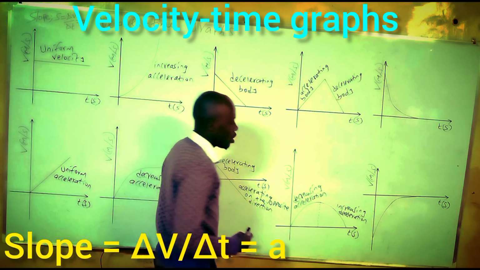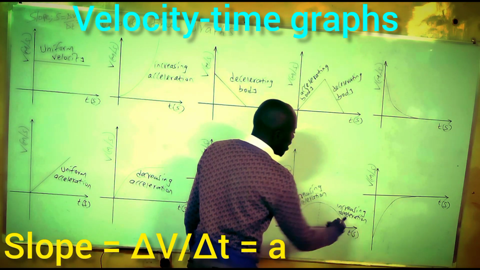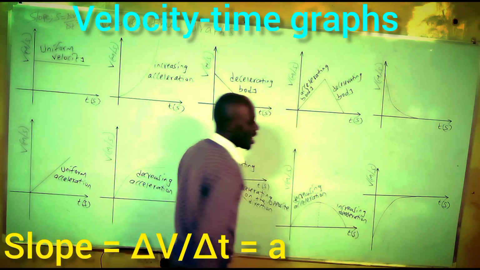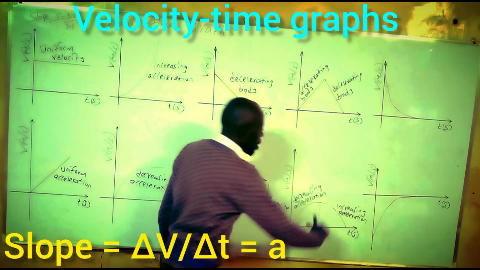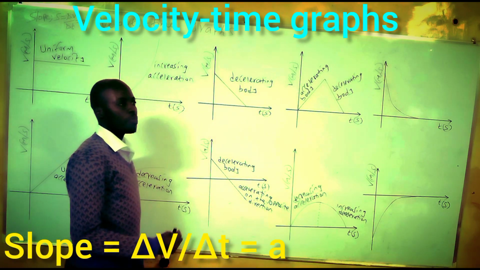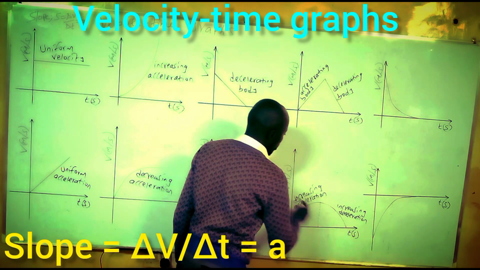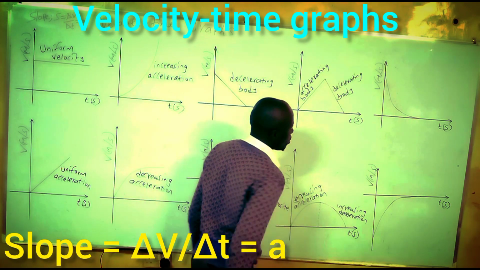Negative acceleration is called deceleration. But the slope is increasing in magnitude, that's why we say it is increasing deceleration. And the final velocity here is 0.